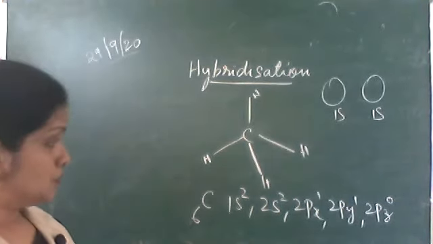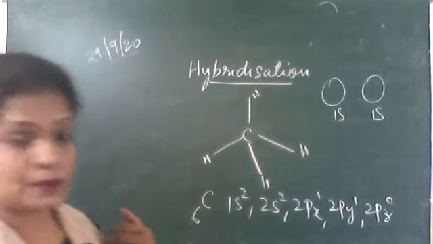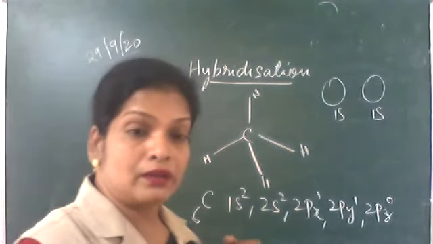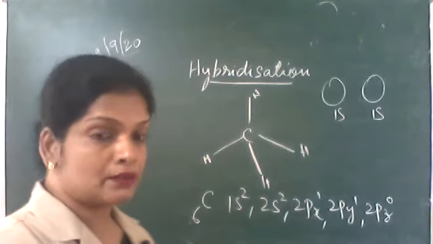So 2px should overlap, 2py should overlap, and around carbon only 2 bonds should be there.